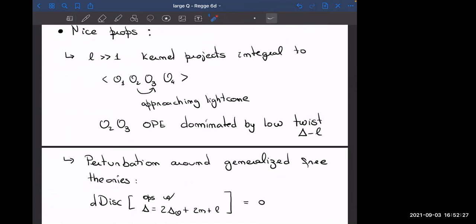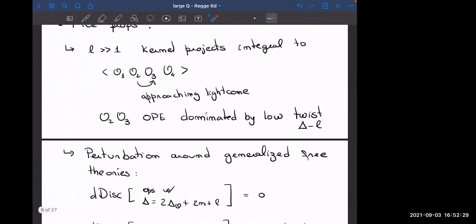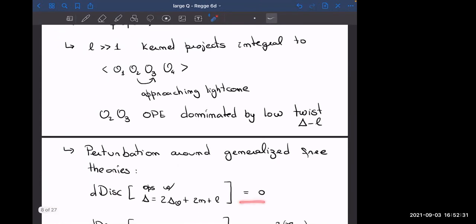And the other nice feature comes when you want to study perturbations about generalized free theories. This double discontinuity operation actually gives 0 if you evaluate it on operators that are exact double twists, the type of operators you get in a generalized free theory that are just the external operator, some box to the n, and then a bunch of derivatives. So if you're in a generalized free theory, all of these operators don't contribute, and the double discontinuity is 0.